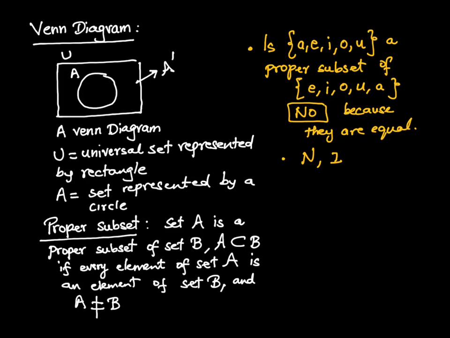So now you have natural numbers and integers. Is the set of natural numbers a proper subset of the set of integers?